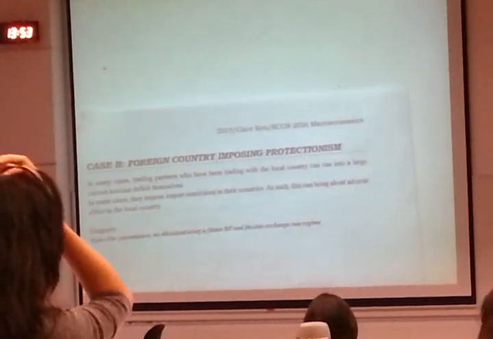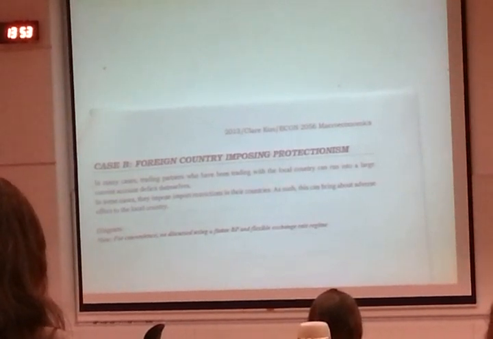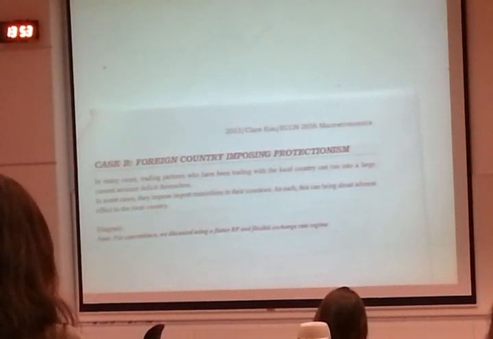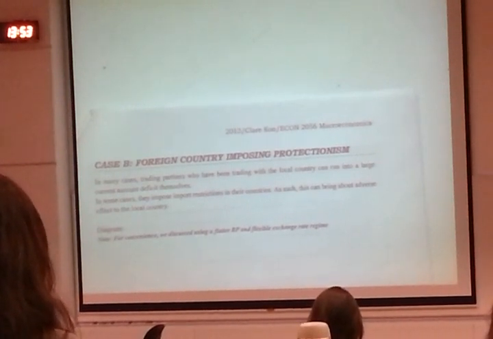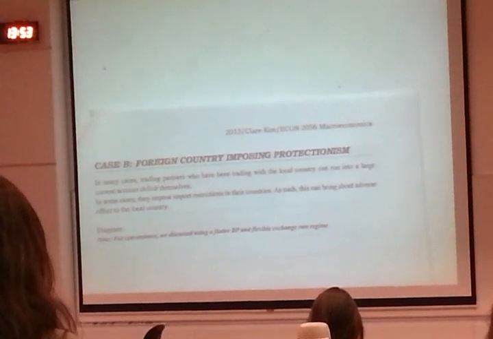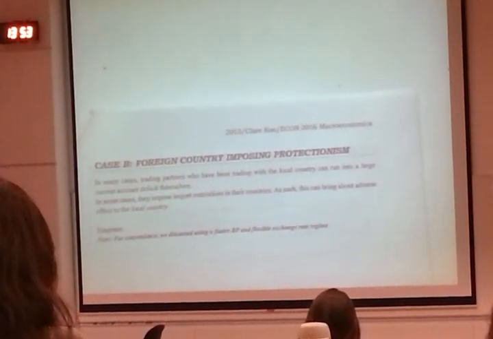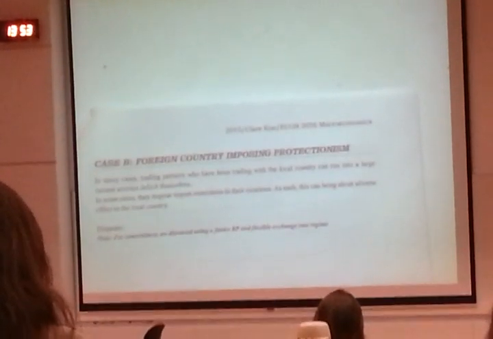In this case, they want to restrict imports in their own countries. But if we are the ones selling to them, we want to look at how this trade restriction can affect us. So we are not looking at the foreign country. The analysis is still on the local country, the one being affected by the protectionism.